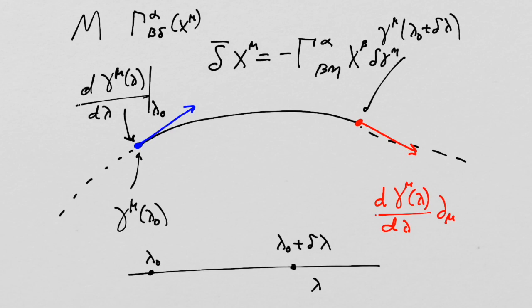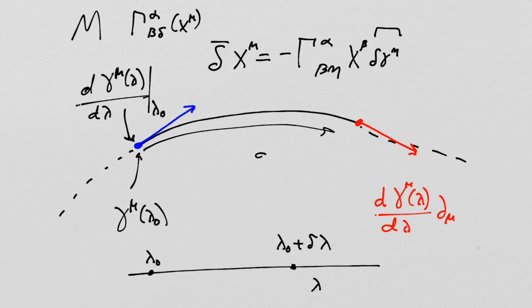Let's see, I'm going to do some erasing here. So this term is the change along this curve, that's delta gamma mu, the change in the coordinates along that curve. This is the value of the vector at this point, so that's x beta of lambda 0.